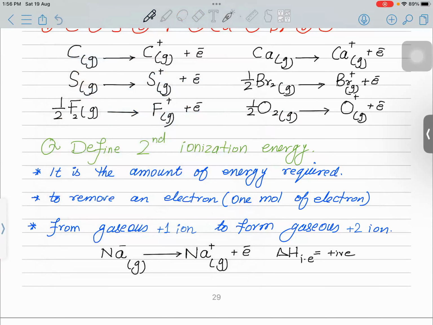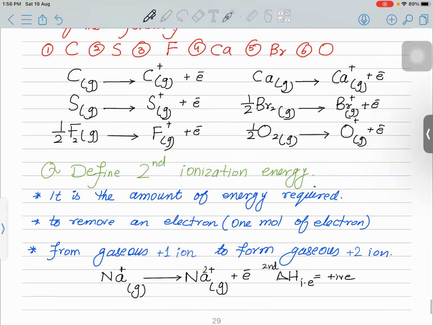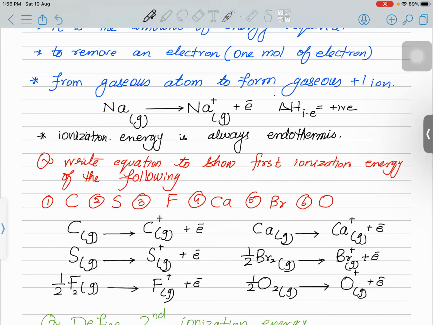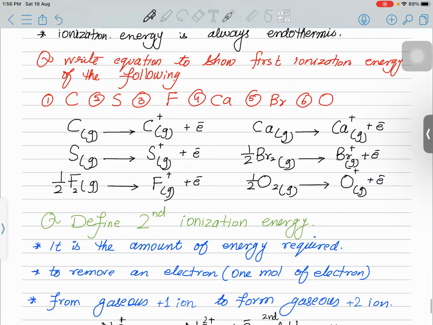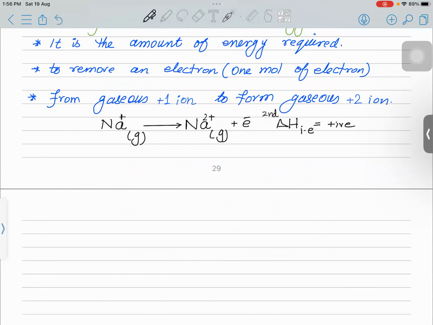So here we have sodium positive, here sodium 2 positive, and 1 electron is removed. This is second ionization energy. The first is first ionization energy. Second ionization energy is also positive.